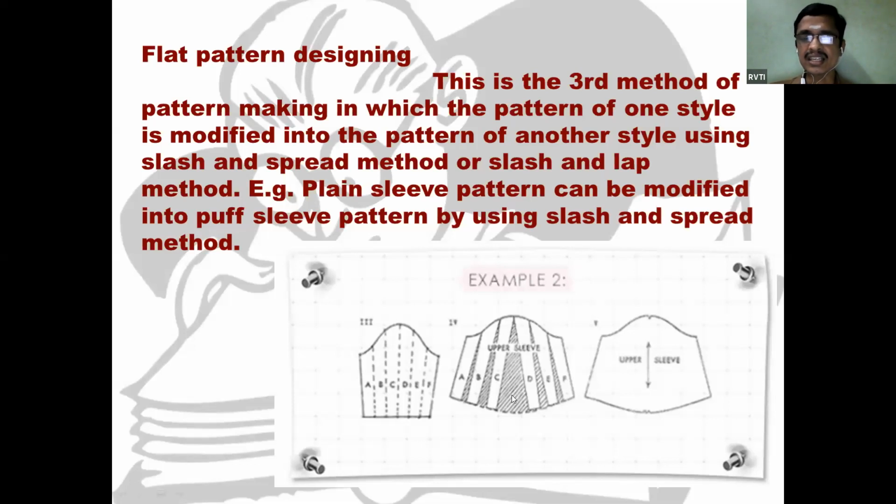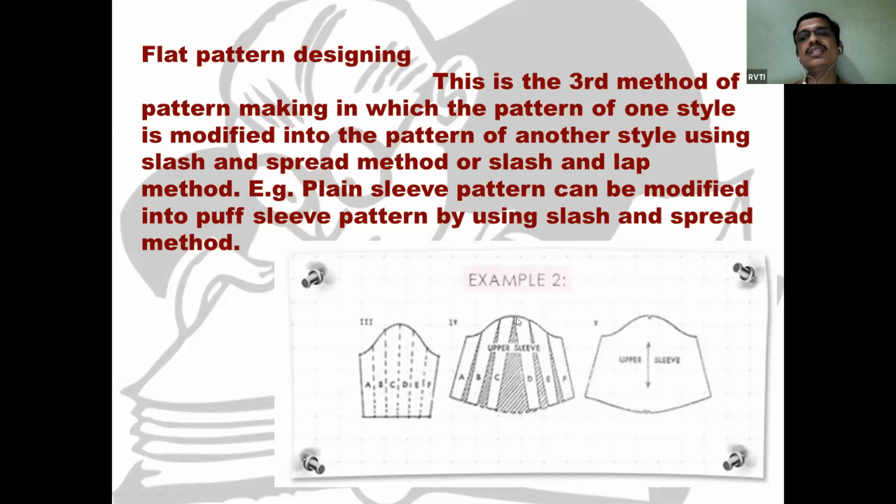So here, what is the difference between slash and cut? A cut means the total part will be divided into two separate parts. That is cut. A slash means I have to cut the pattern up to 95%, so only 2 or 3%, maximum 5%, at the edge, the two parts are joined.